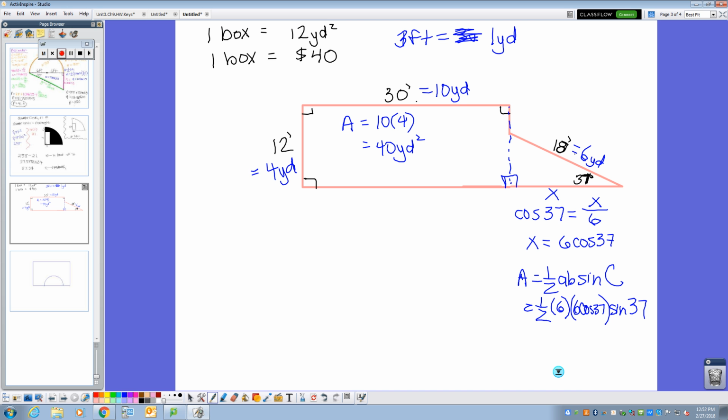We could clean it up, or we could type the whole thing into the calculator. That's a personal preference. Some of you might want to write 18 cosine 37 sine 37. We don't really need to see that piece. It's totally up to you on whether or not you want to include that. Just be careful when you type it into your calculator. Then we get that the area there is this.